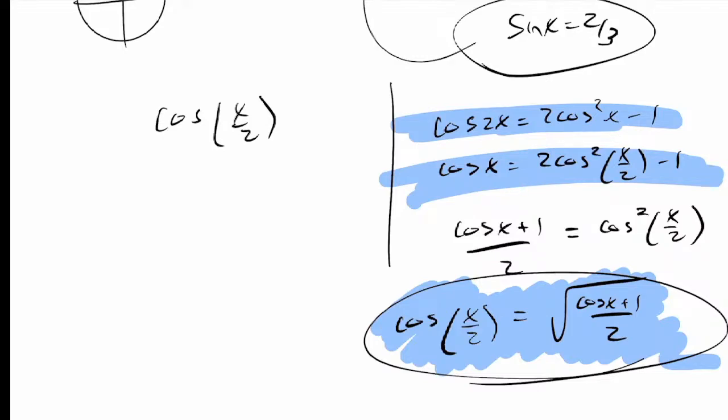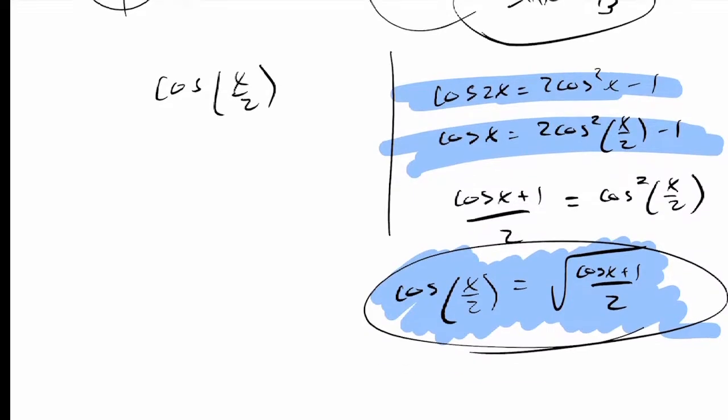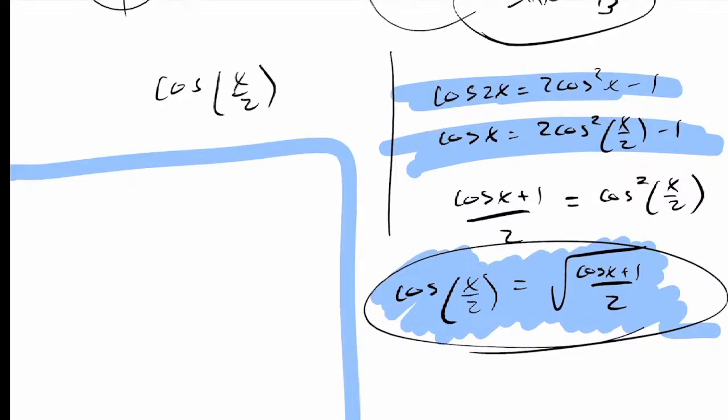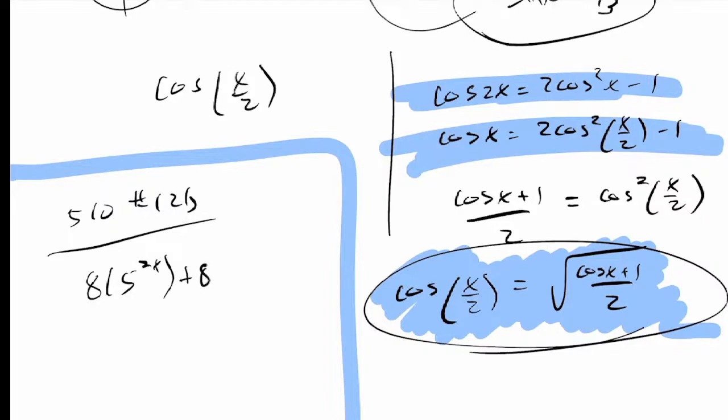510 12B is a quadratic, just like the question I went through with Michael. To help you out with that one, that's just a quadratic equation. So this will be 8 times 5 to the 2x plus 8 times 5 to the x equals 6.